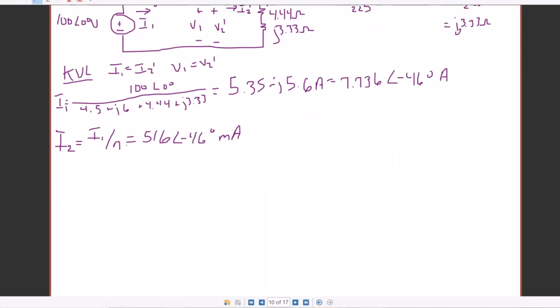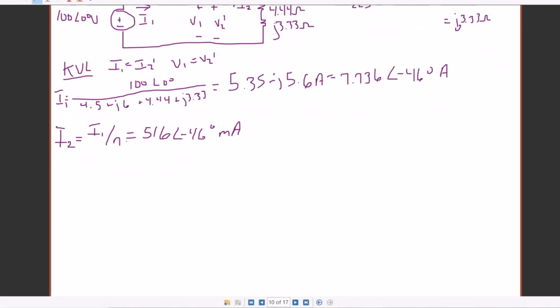So then V1 and V2, we can get them by calculating V1 is equal to 4.44 plus J3.33 times I1.